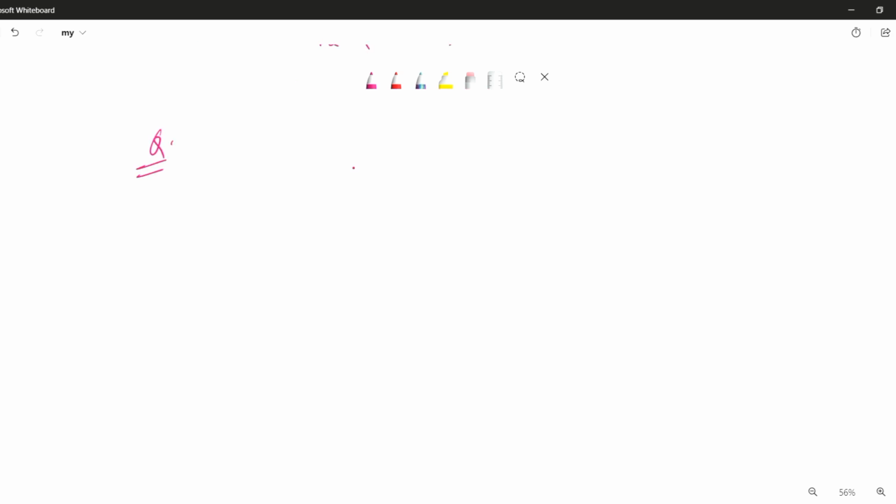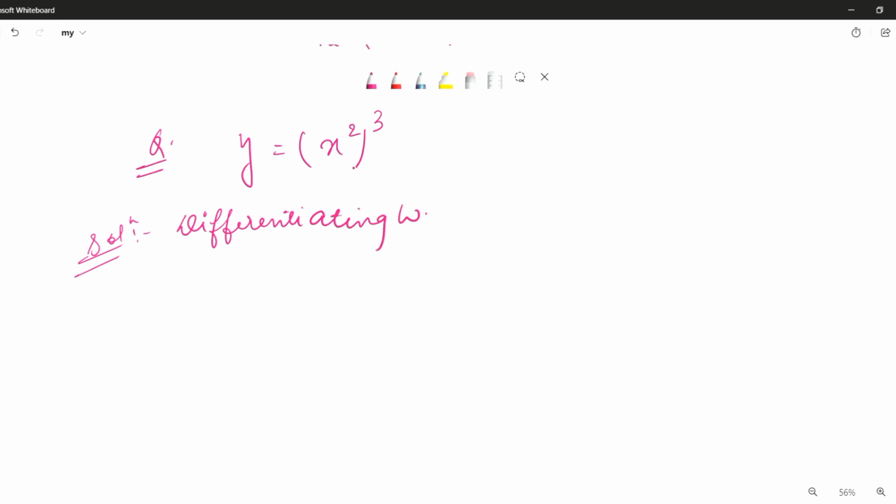Now let's see another example. y equals x square to the power whole cube. This will also be solved with the help of chain rule. Solution: differentiating with respect to x, dy by dx equals 3. X square will be constant.